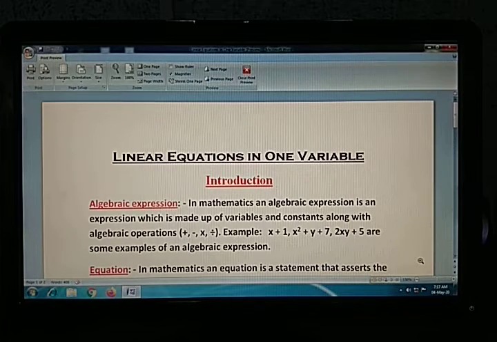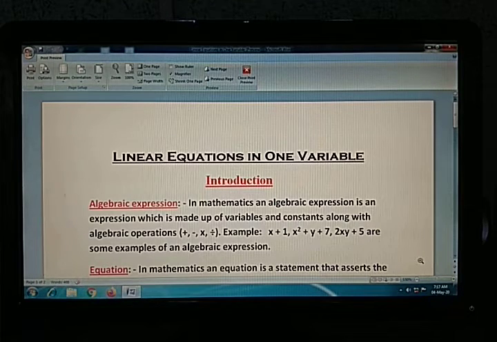Hello everyone. Today we'll be discussing the second chapter, that is linear equations in one variable. Now you already have learned about what is called algebraic expression in your last class, that is in class 7.